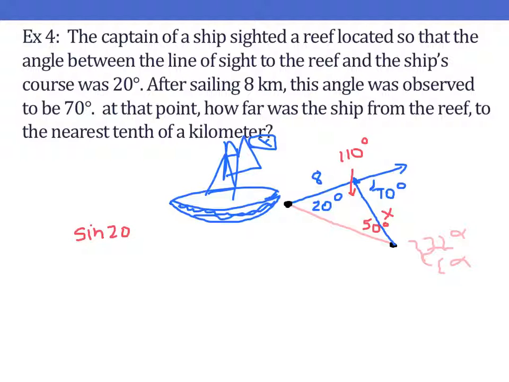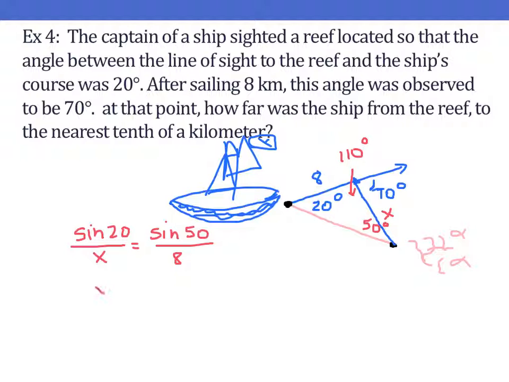So I'm going to say sine of 20 over x equals sine of 50 over 8. And that will give us the distance of our ship to the reef.